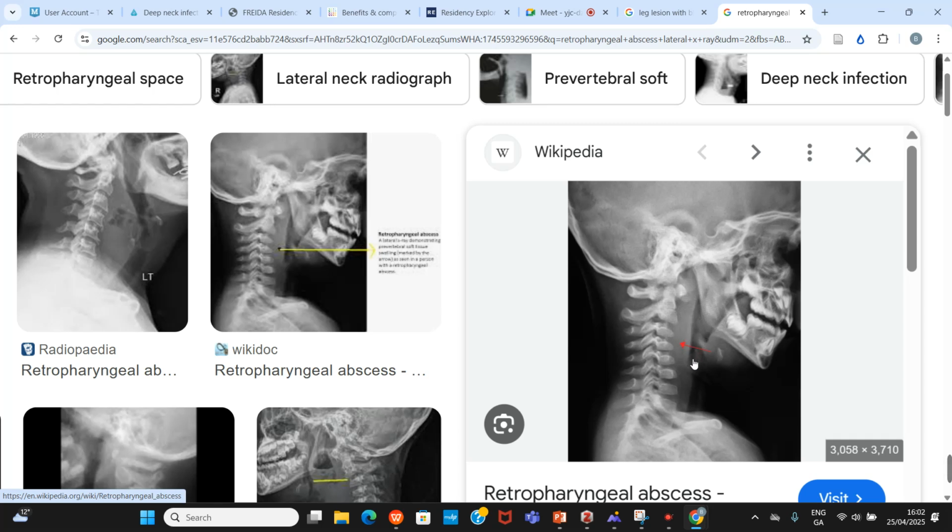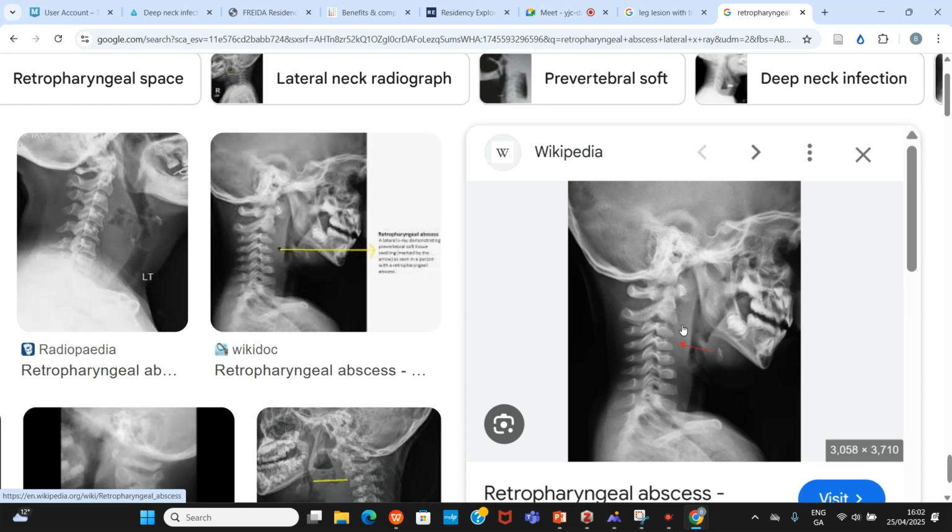To further nail your diagnosis, if the person is stable and not having respiratory distress, confusion, or symptoms of respiratory compromise, you can go further to do a CT scan with contrast, and that would help you separate whether what you have here is a collection like an abscess or cellulitis.